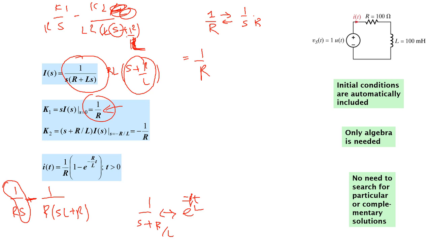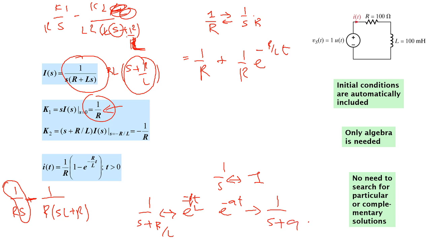So we can write it here as plus 1 over r and e power minus r by lt, because these are the convertible equations. Inverse Laplace of 1 over s is 1 and Laplace transform of 1 is 1 over s. Similarly, e power minus at has a Laplace transform of 1 over s plus a.